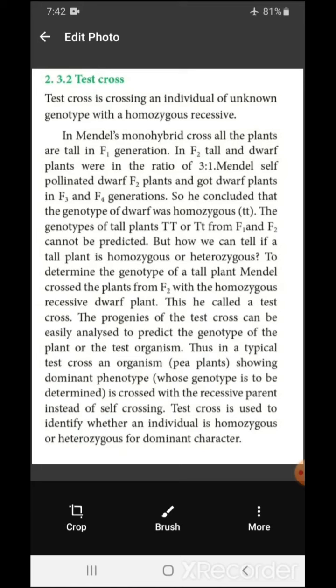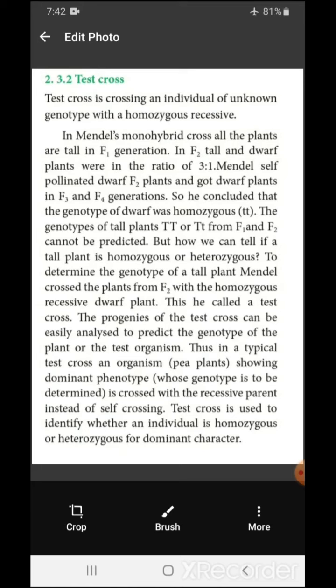What is the genotypic ratio? 1:2:1. That is genotypically homozygous tall, capital T capital T, 1; heterozygous tall, capital T small t, 2; homozygous dwarf, 1. So 1:2:1 is the genotypic ratio.